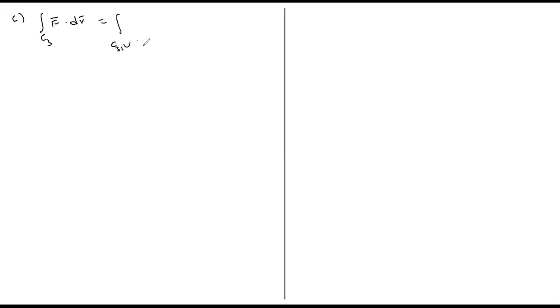Integral along C3. Now scenario 3. So now I want to find out the integration along C3, F bar dot dr bar. But this C3 is nothing but the union of C31 and C32.